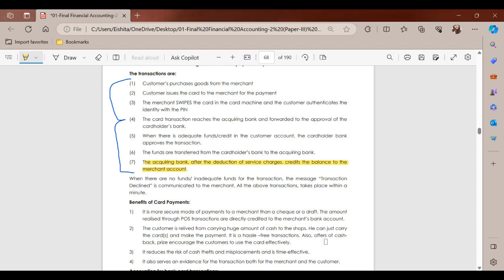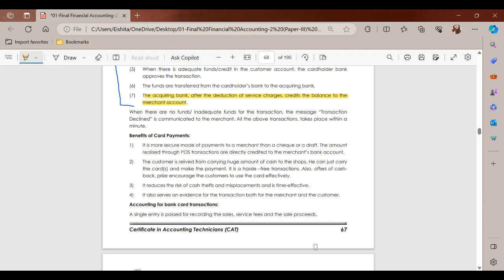What are the benefits of card payments? It is a more secure mode of payment to a merchant than a check or a draft, because the check can bounce, but in this case the merchant receives the credit to his account immediately.